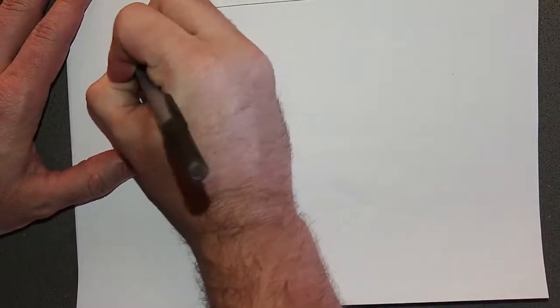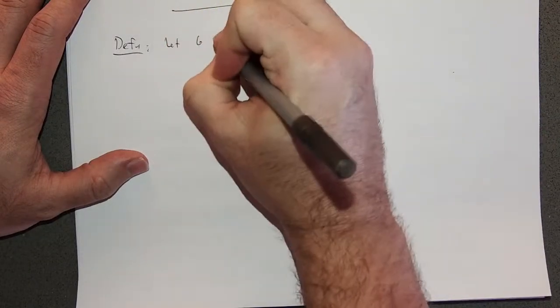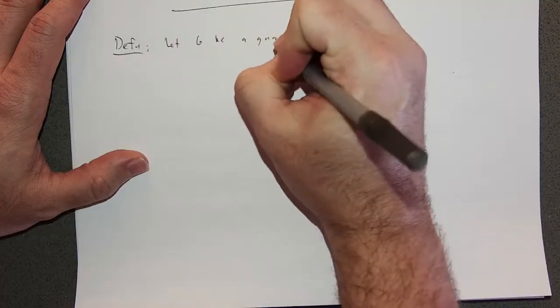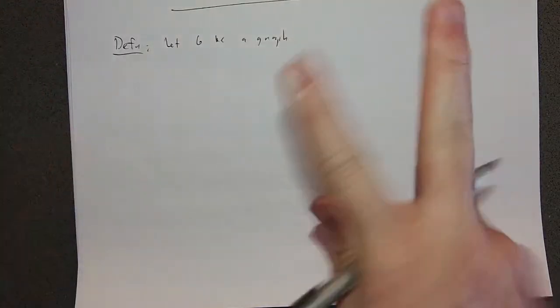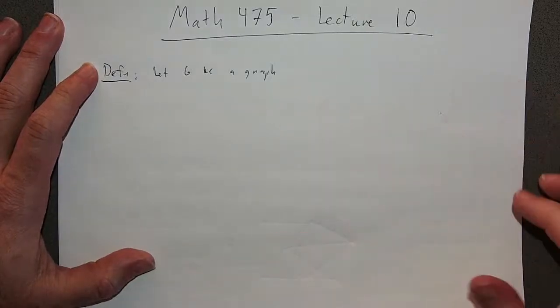So, quick definition. Let G be a graph. This is going to be a little bit confusing based on that example because the relationship between G and H is going to be flipped. So let G be a graph.